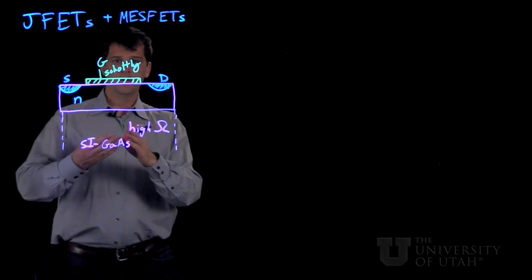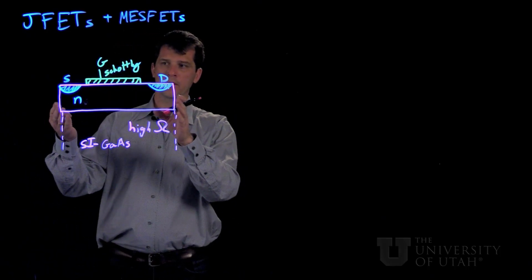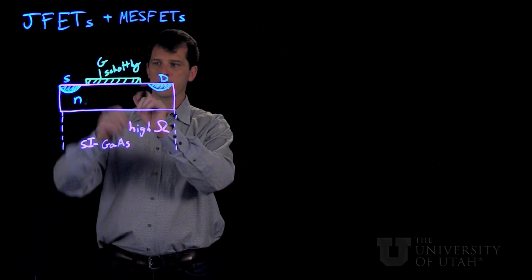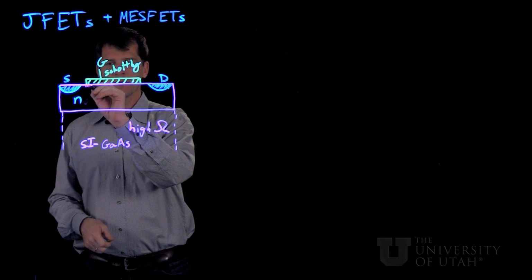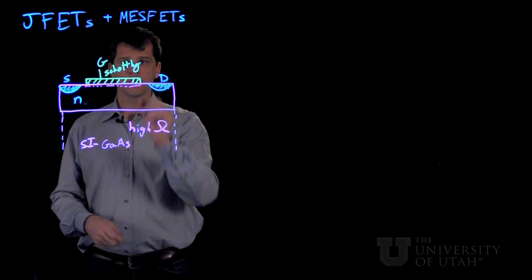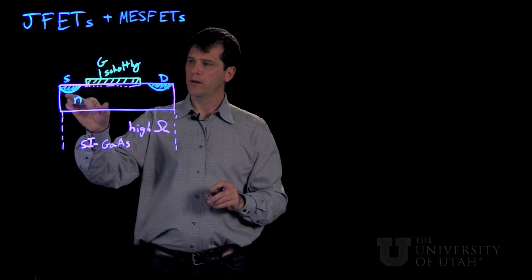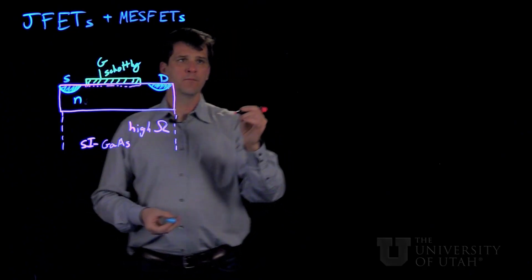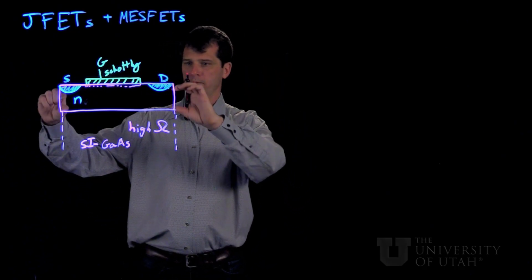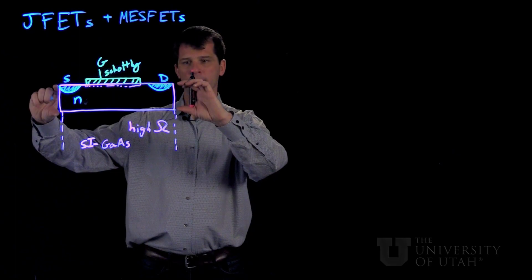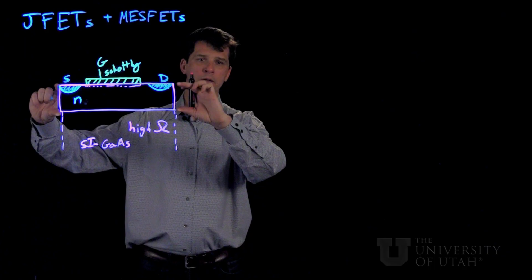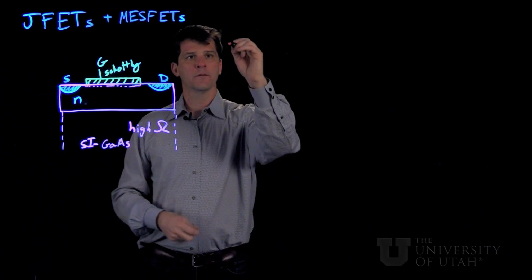So in the zero bias case, imagining that the depletion width here is infinitesimal, the source and drain have a very nice low resistance channel between each other, and a lot of current can flow.